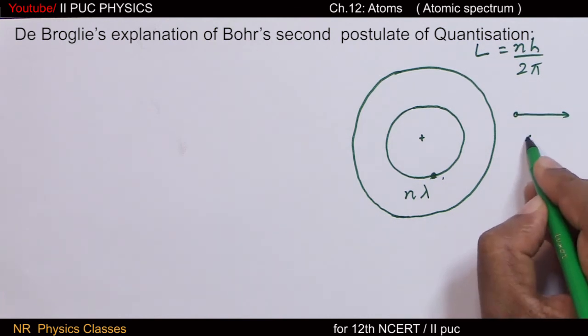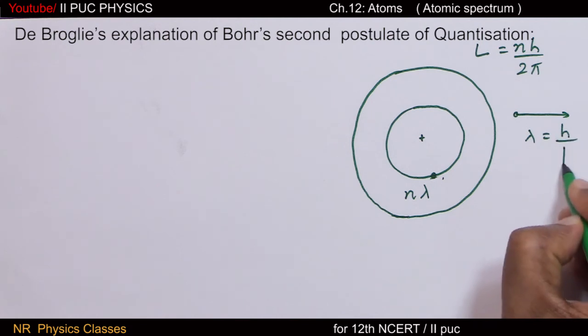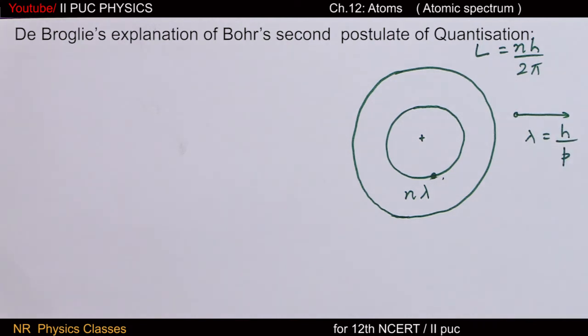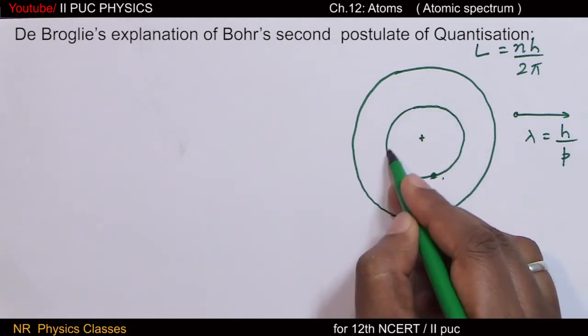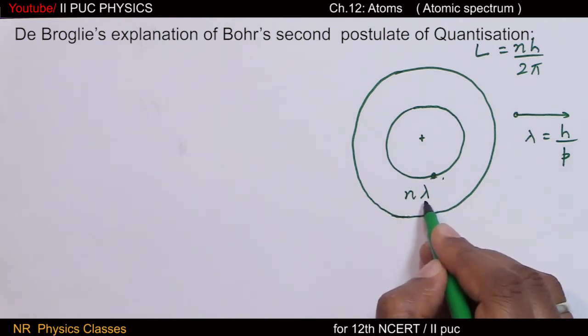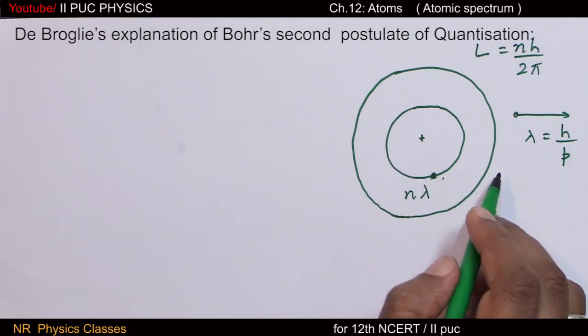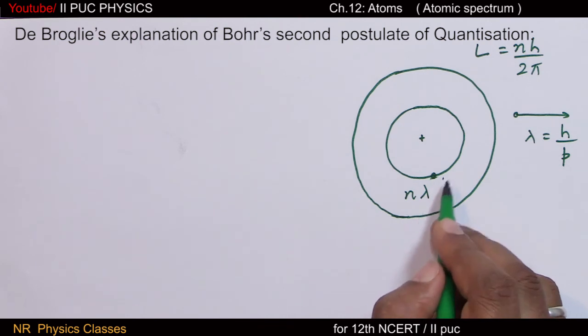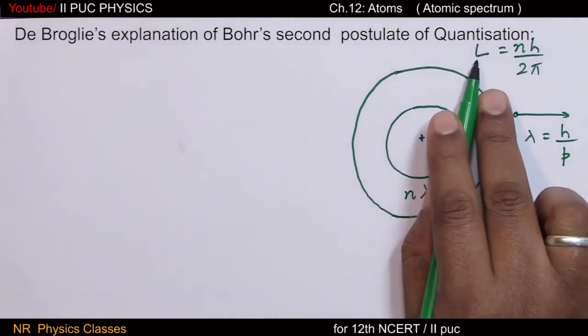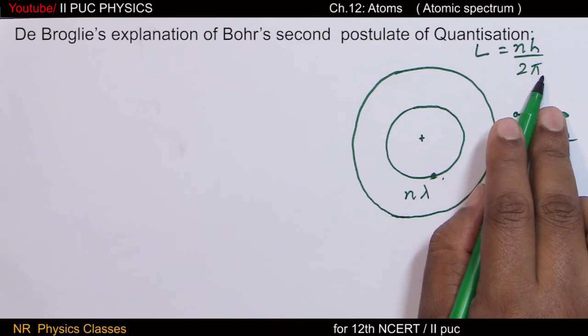It has wavelength equal to h by p. And the length of this orbit must be an integral multiple of wavelength. So this is how de Broglie tried to explain orbits and angular momentum equal to nh by 2 pi. Okay.